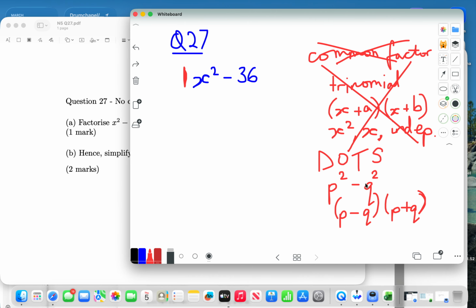Let's compare p squared minus q squared with x squared minus 36. Make p squared is x squared.